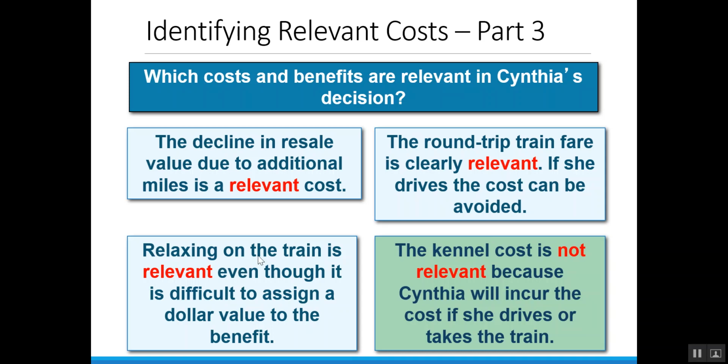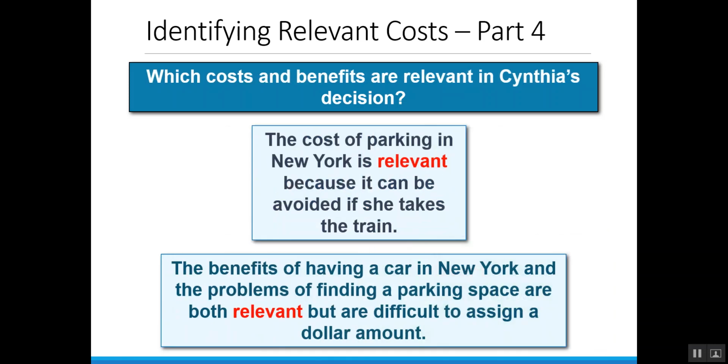And relaxing on the train is relevant, even though you can't really identify a dollar value for that. You know, that's an intangible. You just have to factor that in, how important that is to you. And then the cost of parking in New York is relevant, and the benefits of having the car and problems associated with it are both relevant, but you can't really quantify those. It's hard to.